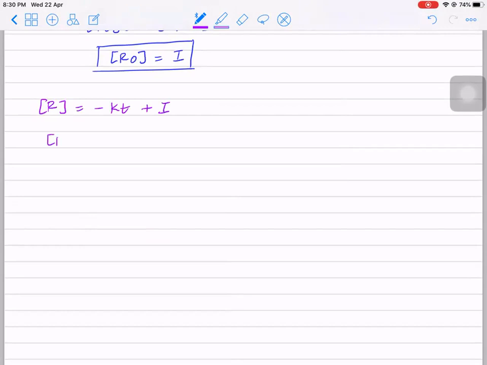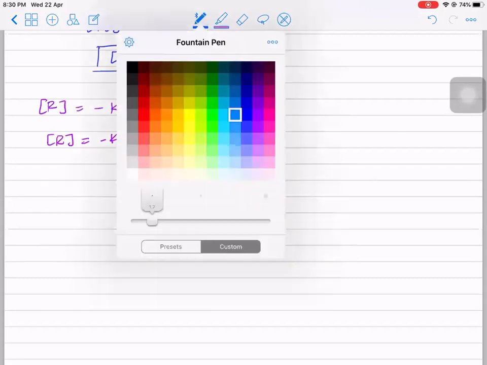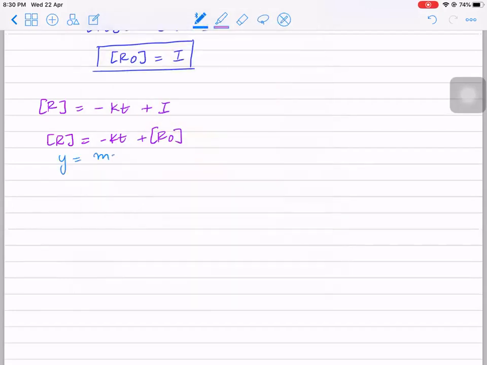So I will say R equals -kt + R naught, because I is equal to the initial concentration, or the concentration at T0, which is R0. Do you see this resembles y = mx + c, where m, the gradient, will be a negative slope, obviously, because it will be a downward curve.